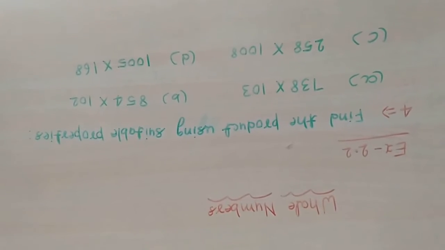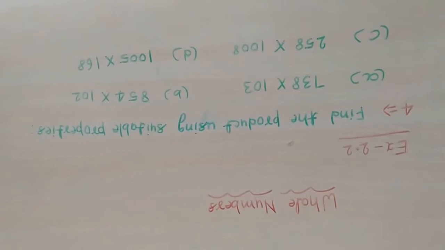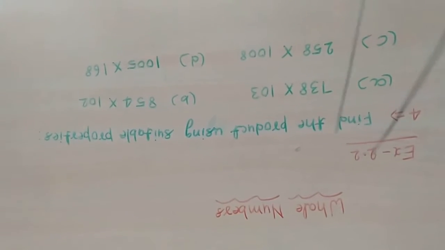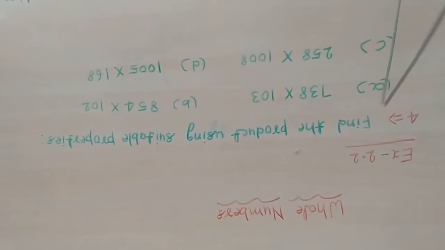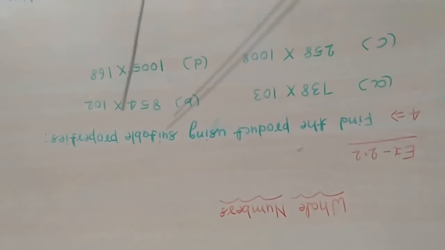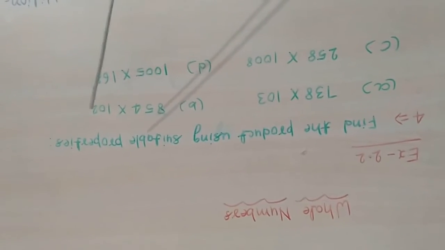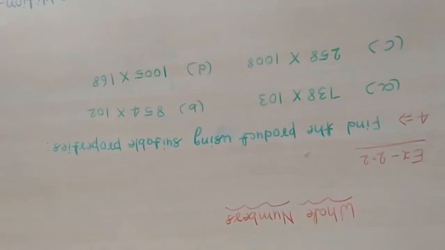Today we are going to solve exercise 2.2 of whole numbers, question number 4. Find the product using suitable properties.